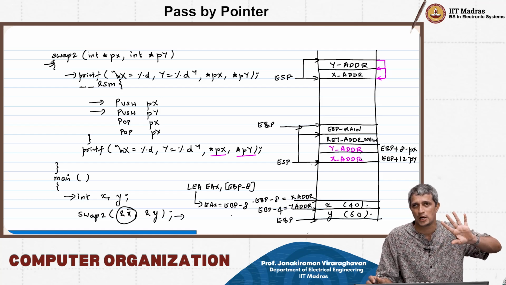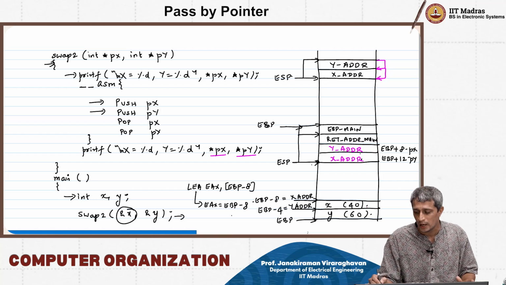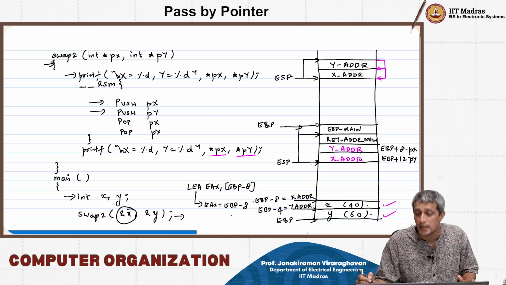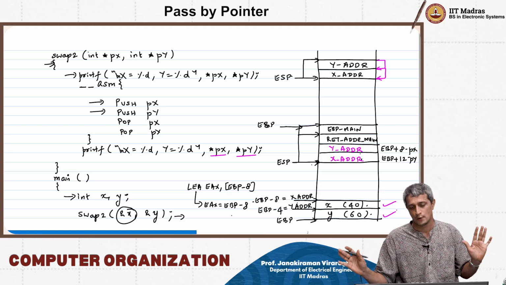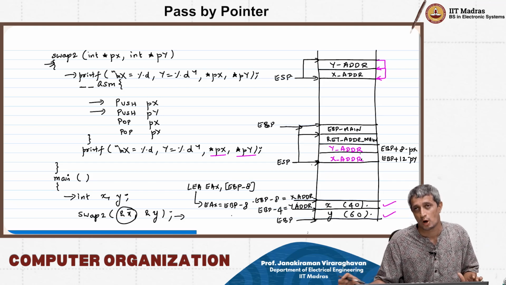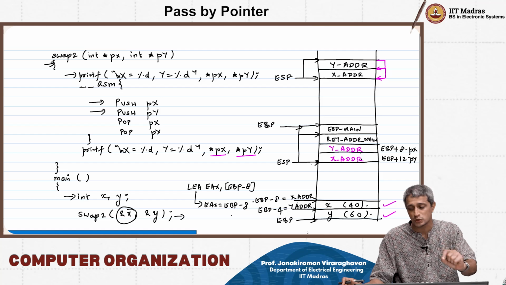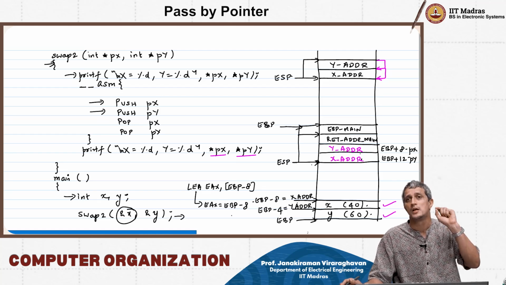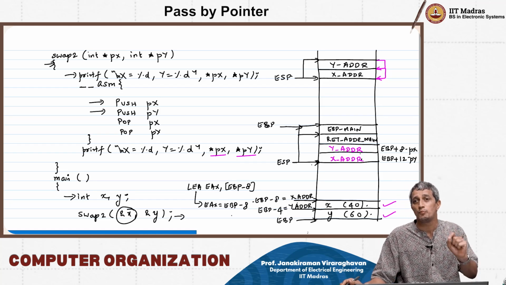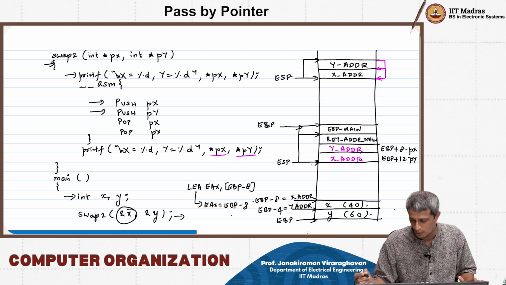However, remember, no change has been made in main yet, and that is where the problem is. That's why this swap function also has not been successful in implementing what we wanted.